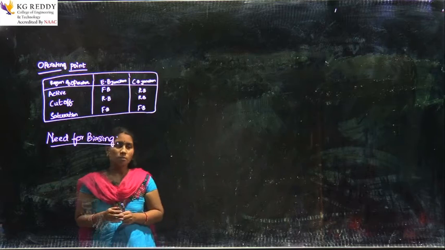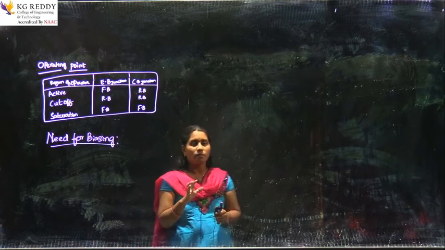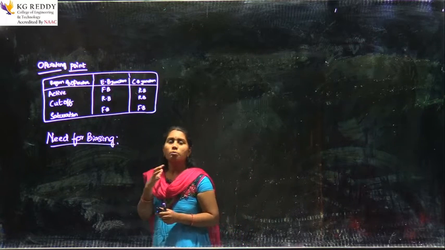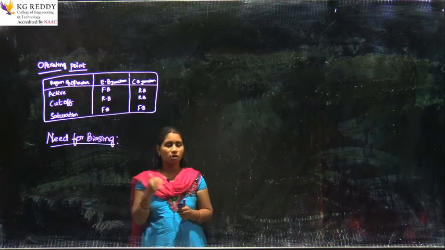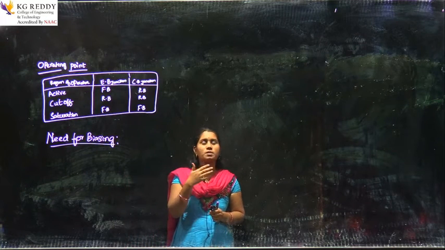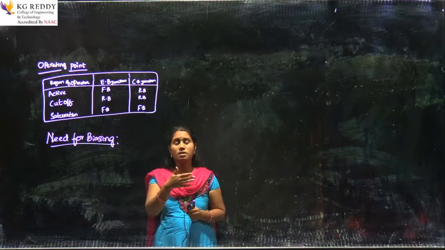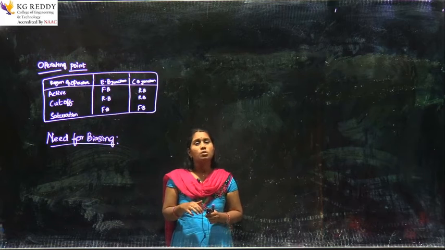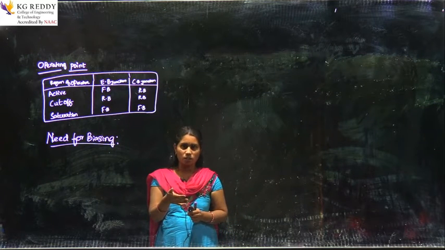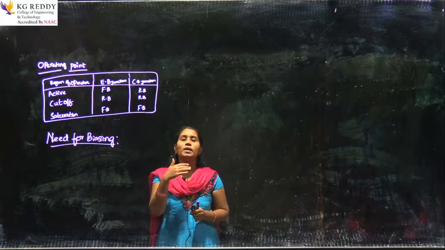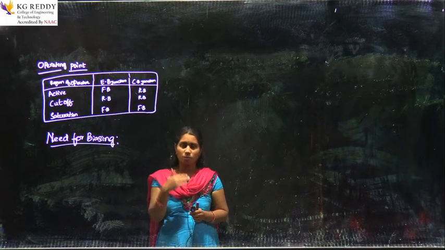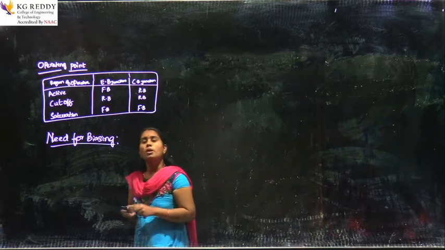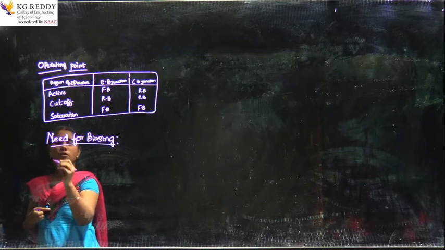The next point is amplification. Amplification means the output signal power is greater than the input signal power. How do we get the output signal power greater than the input signal power? When we apply external DC voltages of the correct polarity and magnitude, we can achieve this. So these are the two important conditions for why biasing is necessary.